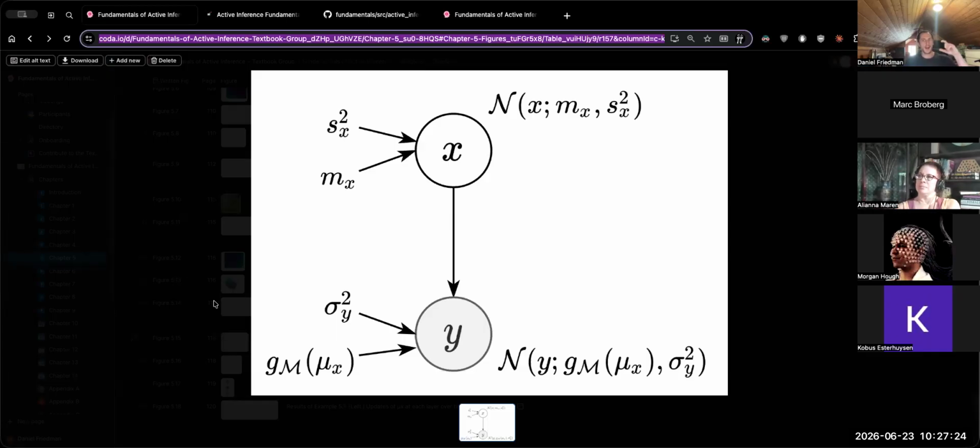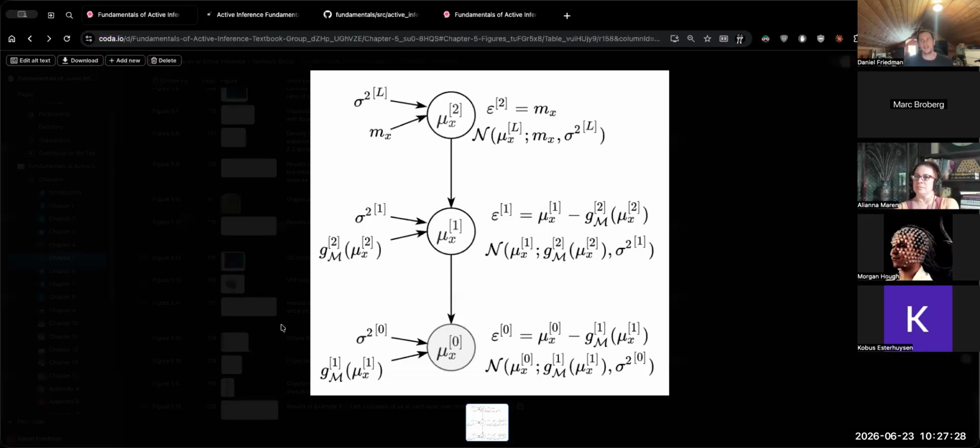Then we're going to add a third floor on the house in figure 5.16. So now, because we're talking about potentially multiple higher order layers, instead of calling the observations y, we're just going to index them as mu sub x at layer 0. But the name or the symbol of an equation doesn't matter.